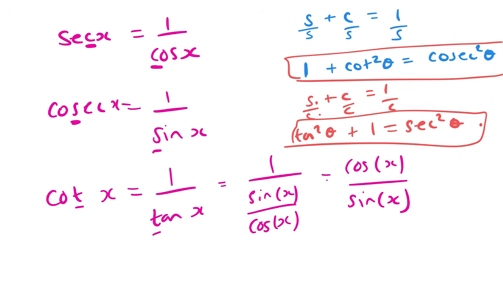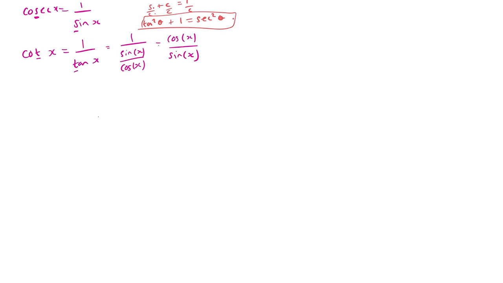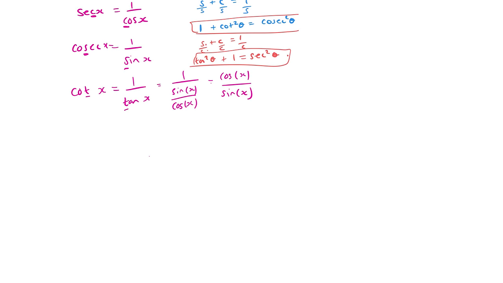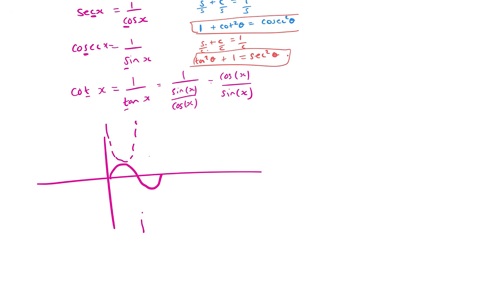So we need to know that. What else do we need to know? We need to know how to draw these functions: sec, cosec, and cot. Basically, we know that this is cos, and this is sine. So we know that 1 over is going to be here and here, and we're going to have our asymptotes.